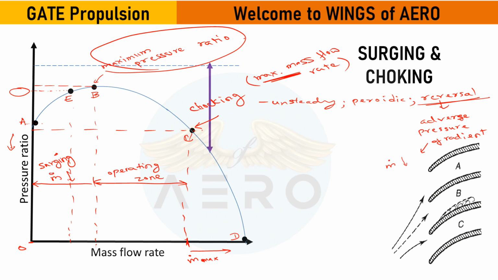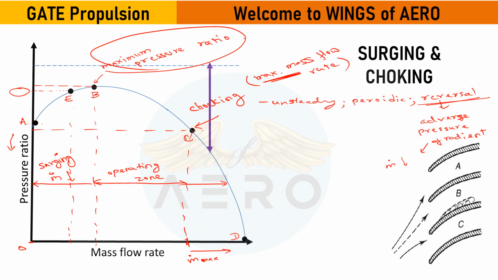So if it is less than the mass flow rate of the operating zone, we call it surging. If it extends the mass flow rate beyond the operating zone, or the optimized condition, we call it a choking operation, okay.